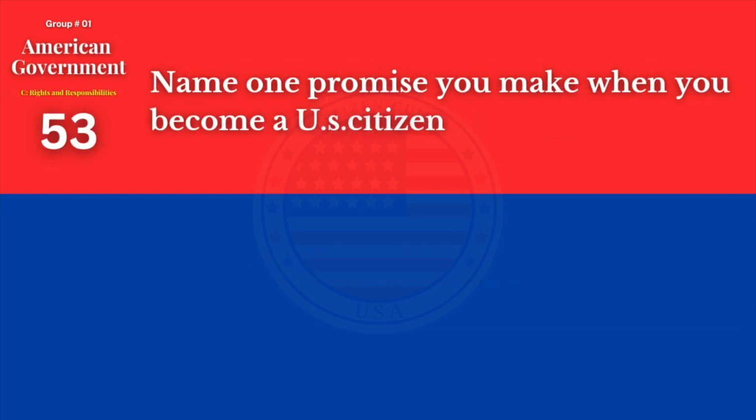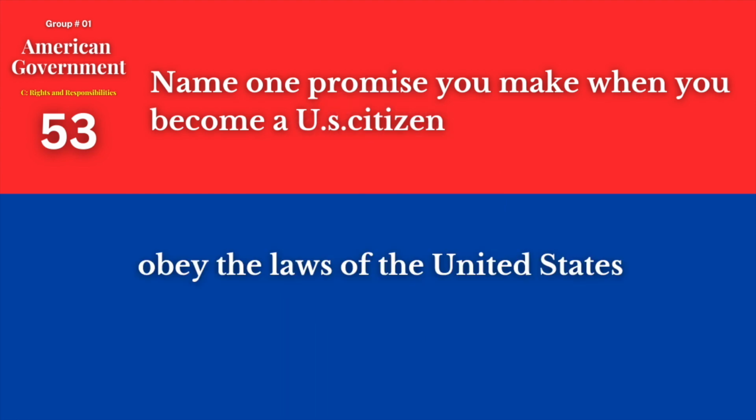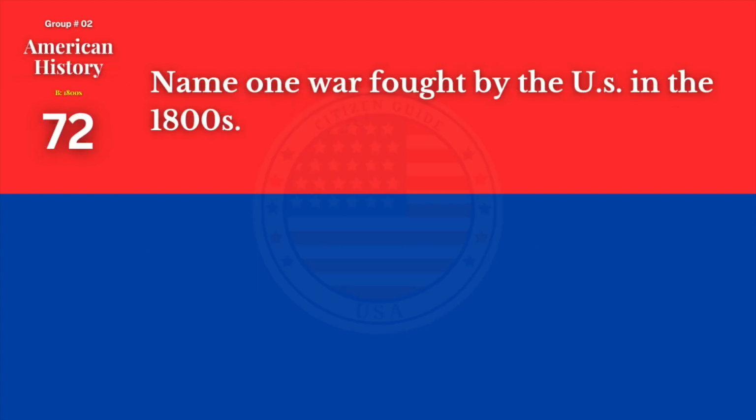Name 1 promise you make when you become a U.S. citizen. Obey the laws of the United States. Name 1 war fought by the U.S. in the 1800s. Civil War.